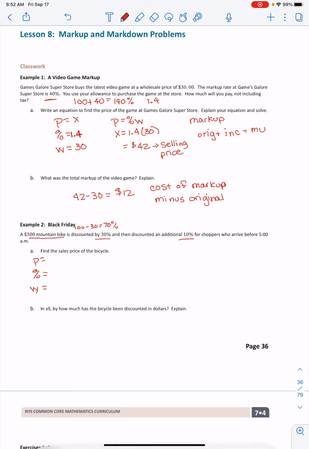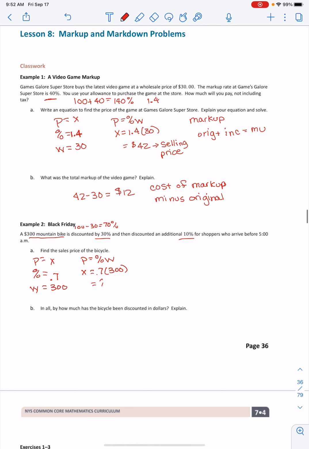So we have 300, 0.7, and we have X. So we have P equals percent times W. So X equals 0.7 times 300. So the sale price is $210.